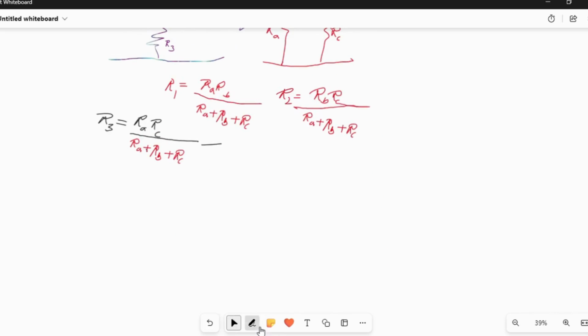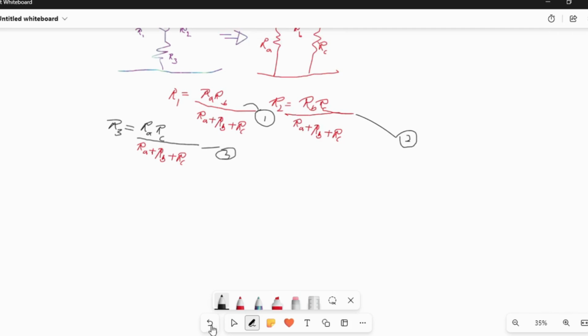I will put number 3 because this is R3, and I will put number 1 to the equation for R1, and I will put number 2 because this is R2. So now keep these things in mind.